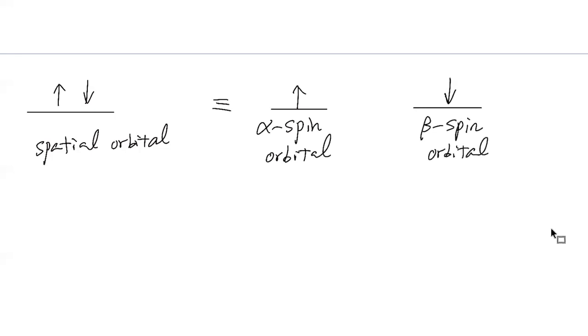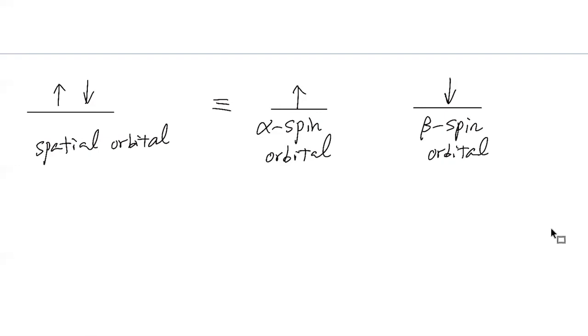So a doubly occupied spatial orbital is equivalent to 1 singly occupied alpha spin orbital and 1 singly occupied beta spin orbital.